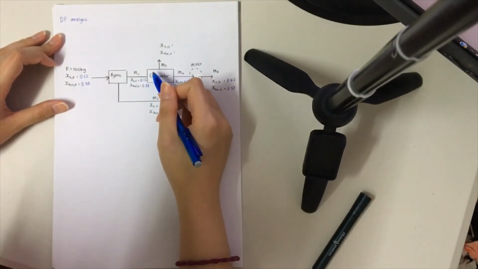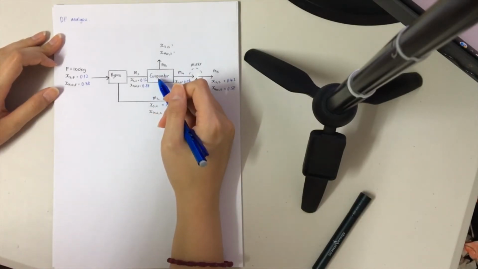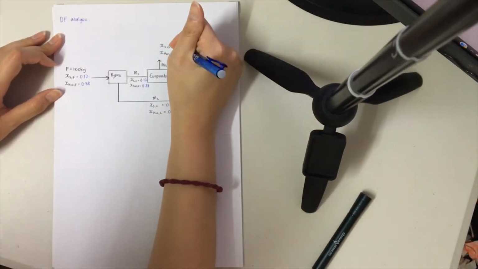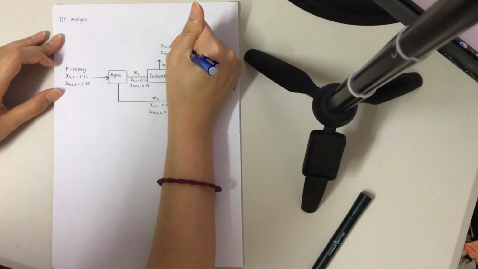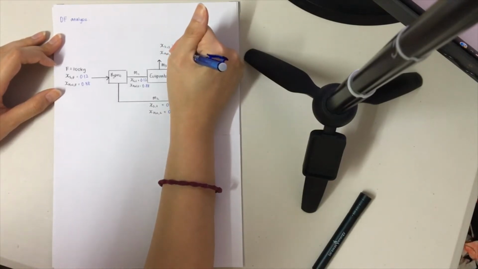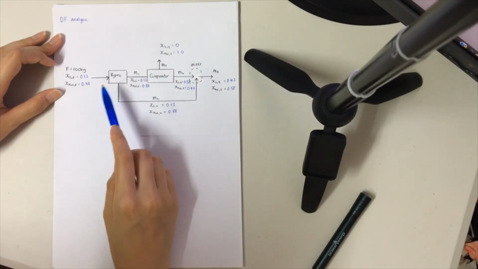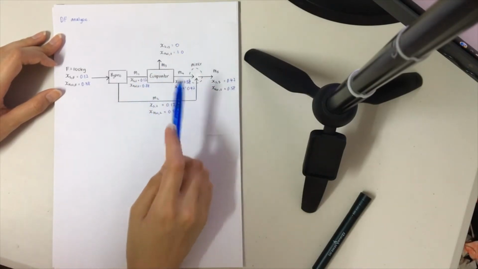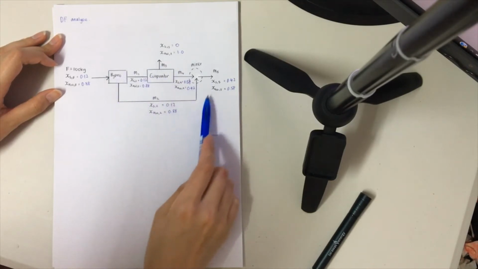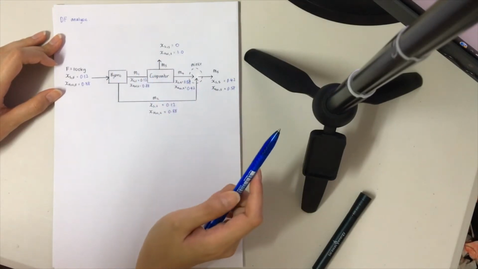Now, since this is an evaporator, it only evaporates the water. Therefore, you have no solid over here, but the water here is 100%, which is 1. So you have 1, 2, 3, and 4, the overall process. You have 4 units over here.